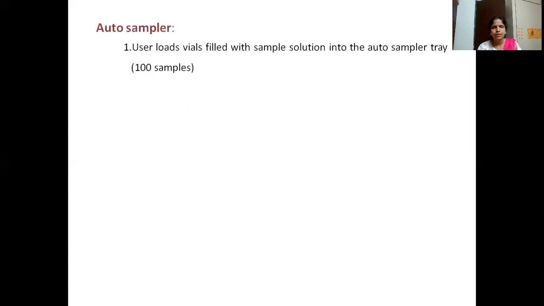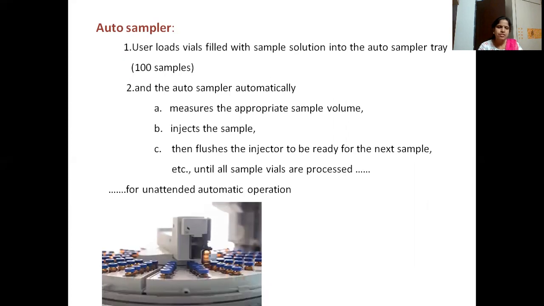If we need the auto sampler method, in the diagram you can see these are the vials. If we have about 100 samples, we cannot keep on injecting them with a syringe one at a time. So we have to take those samples and fill them into these vials.